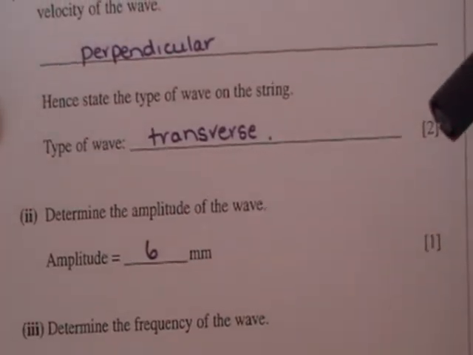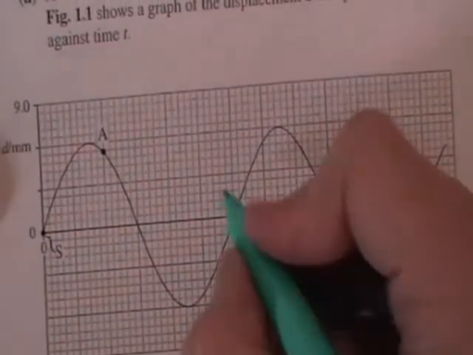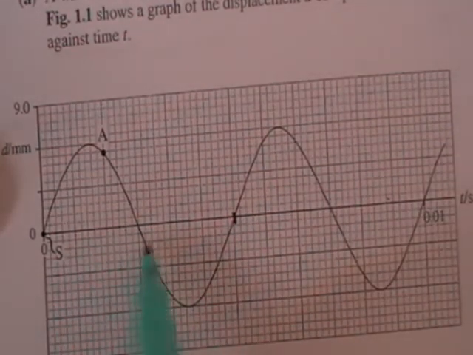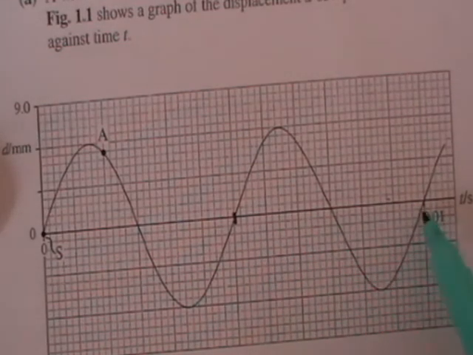The next question says, determine the frequency of the wave, and that's where the difficulty comes in, I suppose. Well, it's not too bad actually. If you have a look there, you can see there's one full wavelength, and it's taking you across 1, 2, 3, 4, 5, 6 squares, and then there's another 6 squares which gives you another full wavelength.